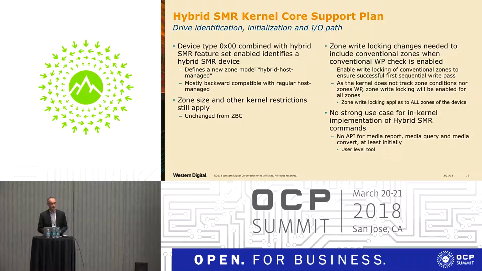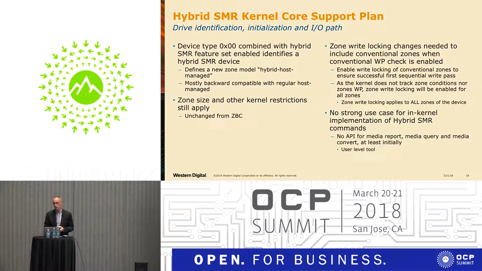What we can do is, that new fast conversion leads to conventional zones where you have to write at the write pointer or below. Essentially, you have to have a first sequential write pass to reformat the media. And that, in essence, requires that you ensure sequential writing. So you end up with the same constraint as a normal sequential write required zone.